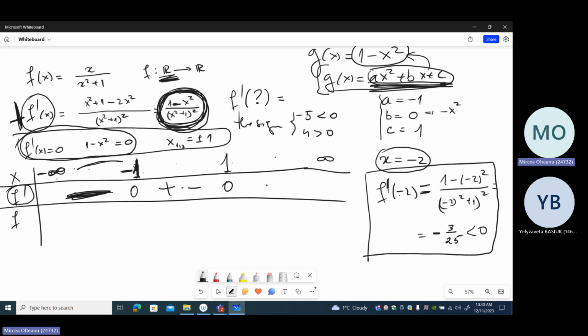Now, the second way. I also got positive. What value do you take? 1/2. Okay, but a simpler one would be 0, but 1/2 is okay.